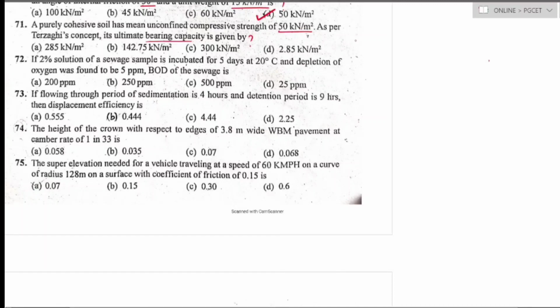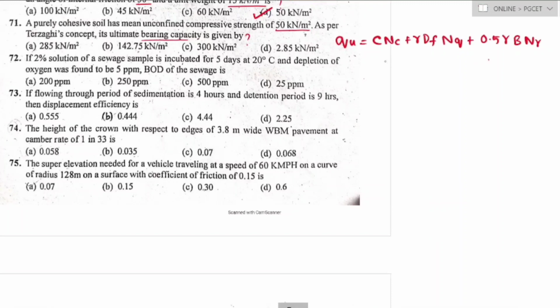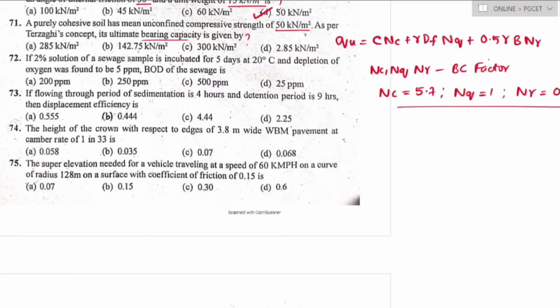The ultimate bearing capacity of the footing is given by Qu is equal to C Nc plus gamma Df Nq plus 0.5 gamma B N gamma, where Nc, Nq and N gamma are the bearing capacity factors, and for cohesive soils Nc is equal to 5.7, Nq is equal to 1 and N gamma is equal to 0.